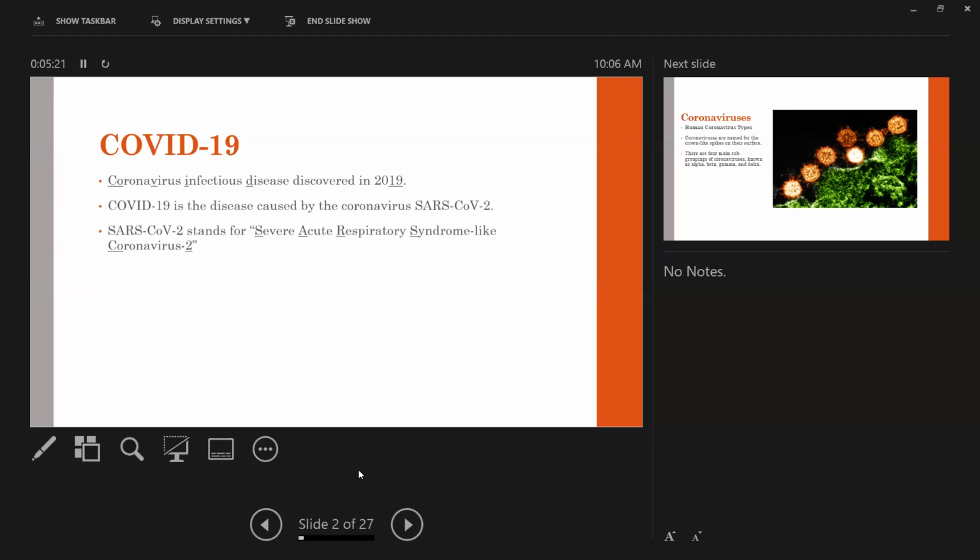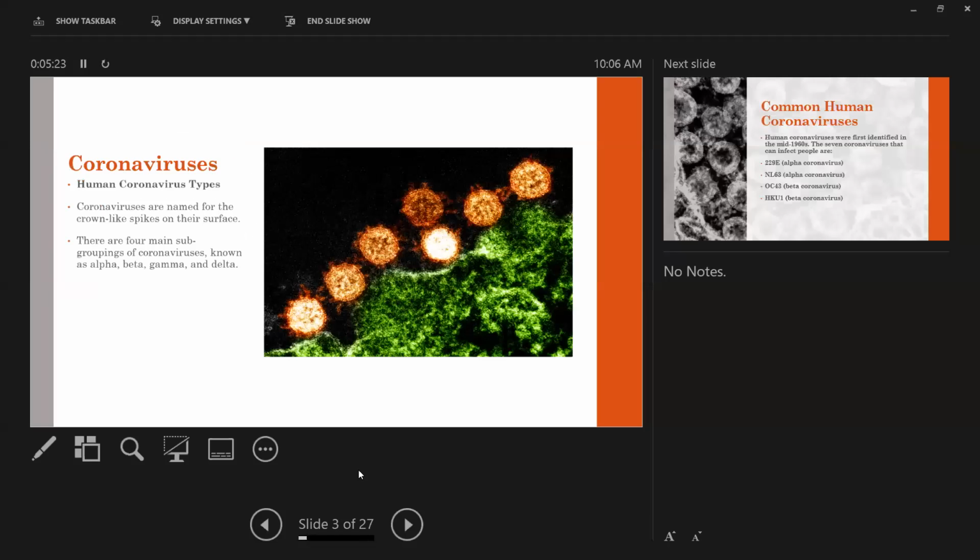So coronaviruses are very familiar to us. They are known because of the kind of crown-like look they have in the electron microscope. These are viruses with an envelope. Those envelopes are decorated with glycoprotein spikes. When you look at them in the electron microscope, it looks like they have a little crown.